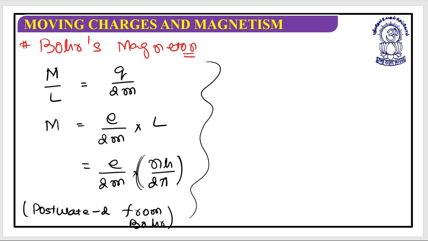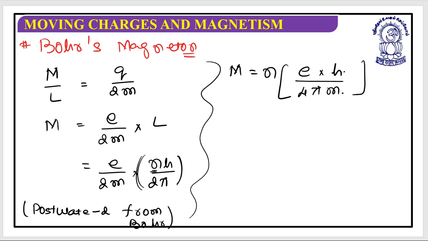So what you need to do for Bohr's magneton is just keep n, the quantum number, aside, and all the remaining terms would be put in one box, that is equal to e into h divided by 2 into 2, that is 4 into pi into m. Is it clear?